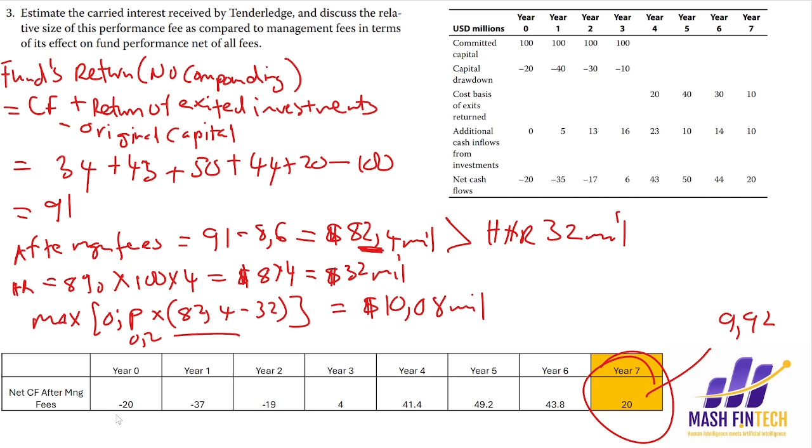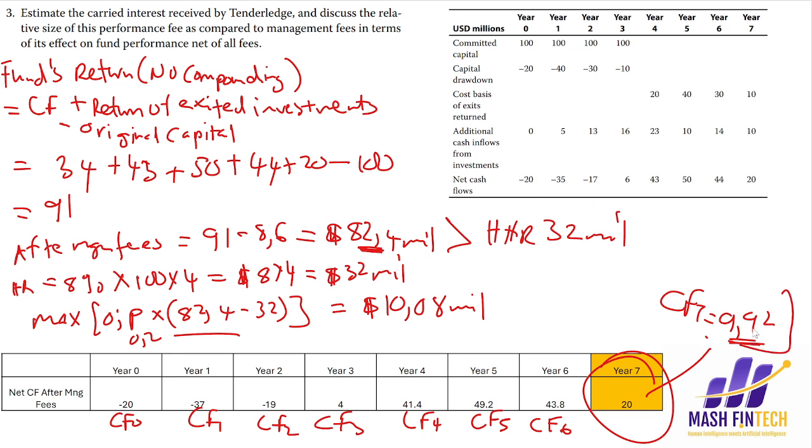So all your cash flows, cash flow 0 is still the same, cash flow 1, cash flow 2, cash flow 3, cash flow 4, cash flow 5, cash flow 6 the same. The only cash flow that changes is this one. This is cash flow 7. It's now 9.92. You have subtracted the fees.